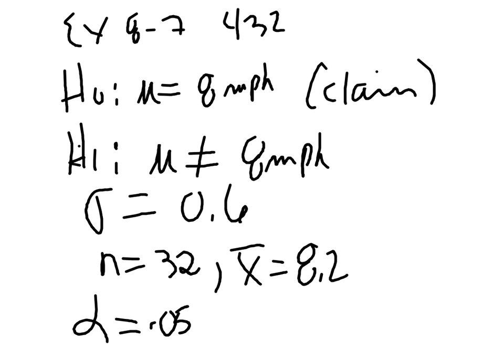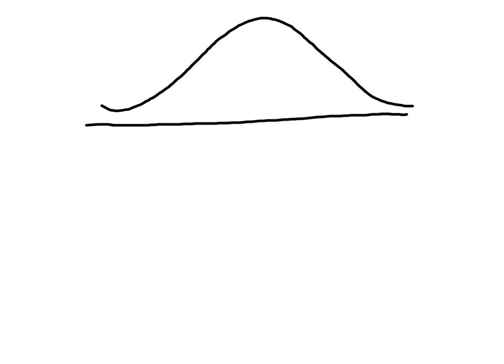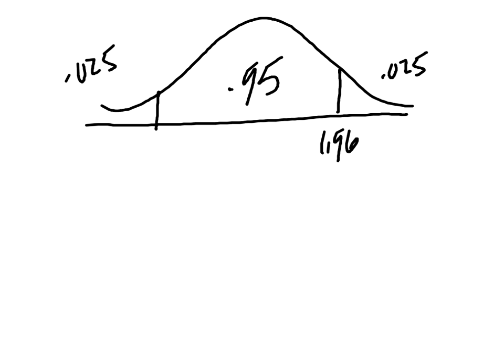So even though this is not fully necessary, to help understand what we've done before, that would put 95% of the graph in the non-critical region, and each one of the tails would have a critical value, you may recall, of 1.96 and negative 1.96.